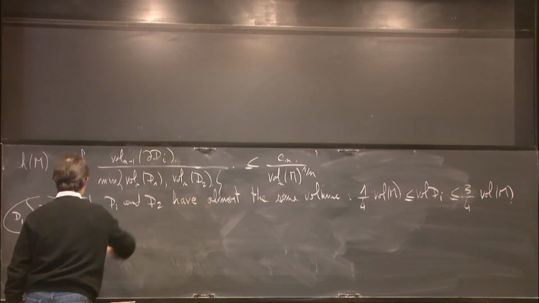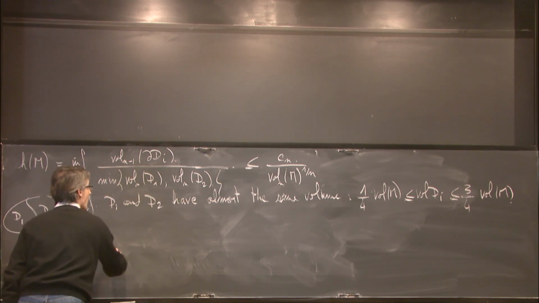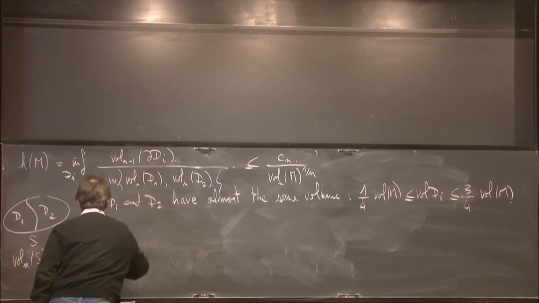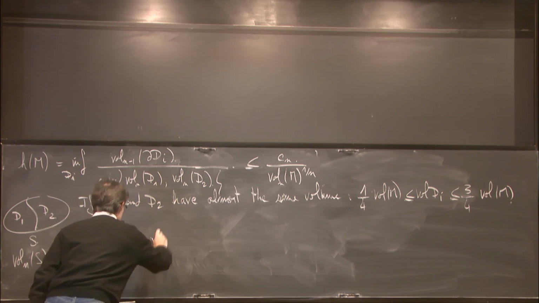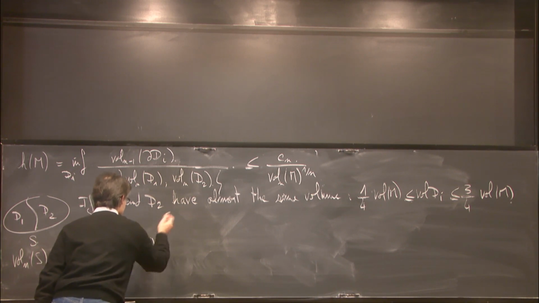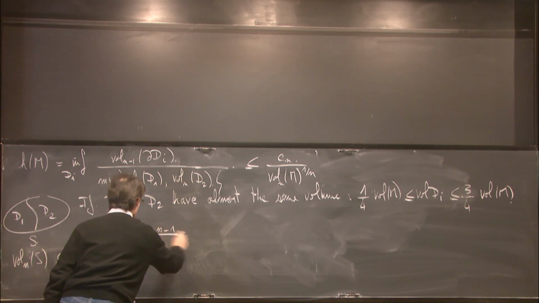Okay, so it would be 4/3 of the volume, I forgot the Cn, the volume to the power n minus 1 over n.